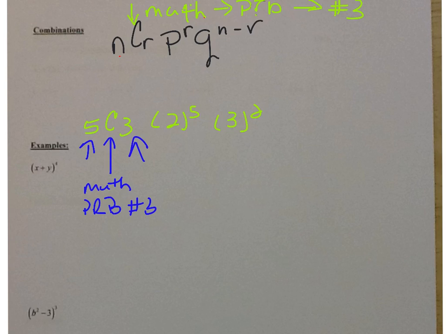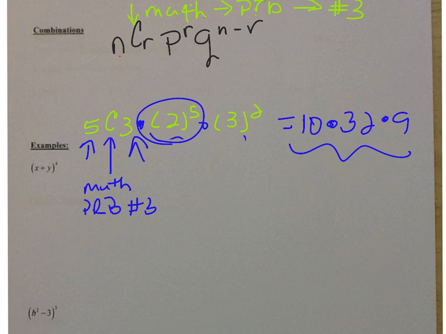Then type 3 in and hit enter, and 5C3 comes out to be 10. Then you have 2 to the 5th power, so that's times 32, and 3 squared is 9. Multiply those together and you get 2880.